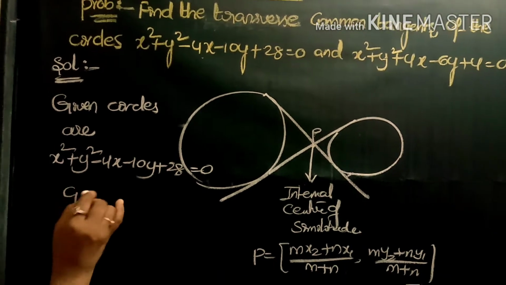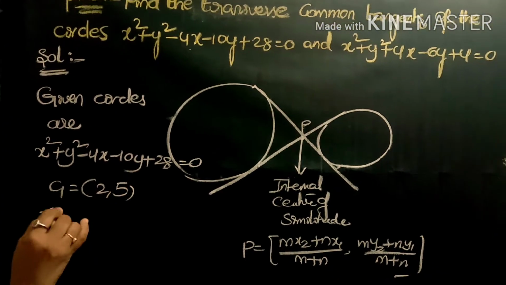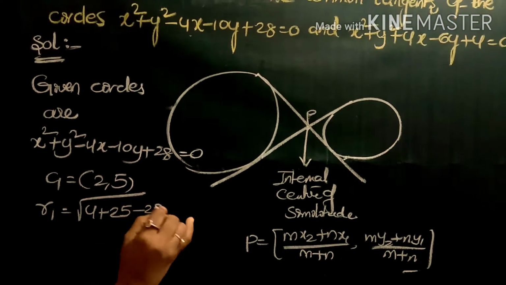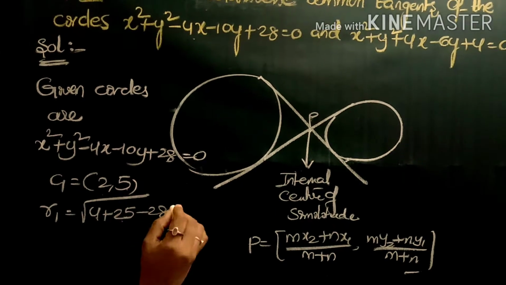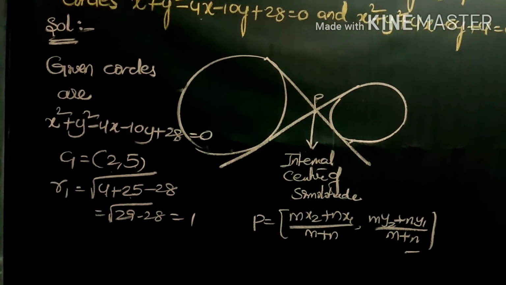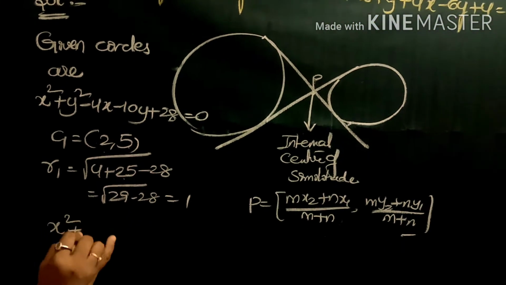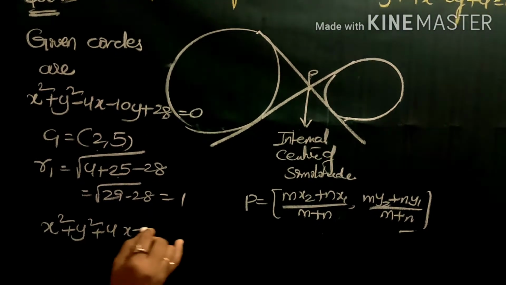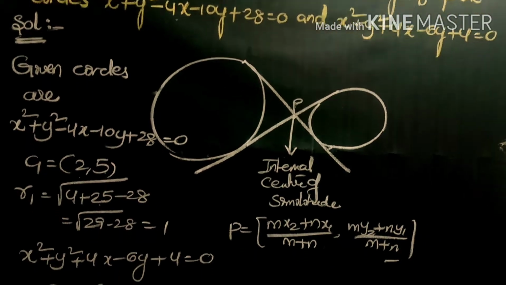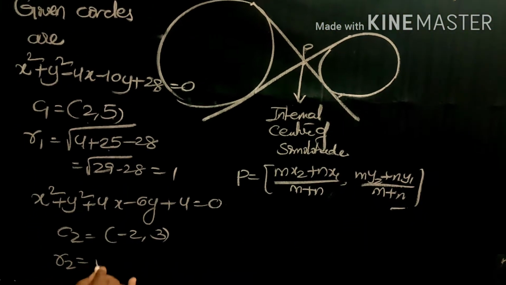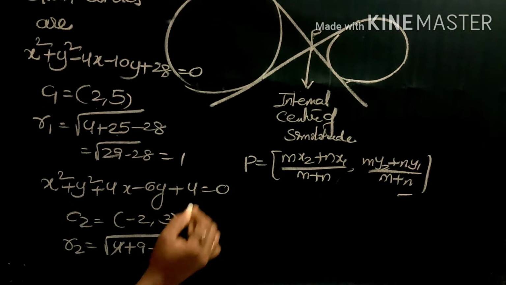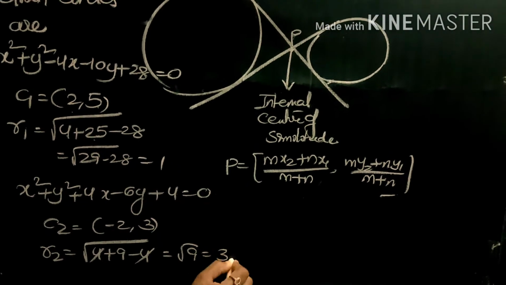Now the first center C1 is (2, 5) and R1 = √(4 + 25 − 28), that is √(g² + f² − c), which is √(29 − 28) = √1 = 1. Next, the second circle equation: x² + y² + 4x − 6y + 4 = 0. Now center C2 is (−2, 3) and radius R2 = √(4 + 9 − 4), g² + f² − c, √9 = 3.